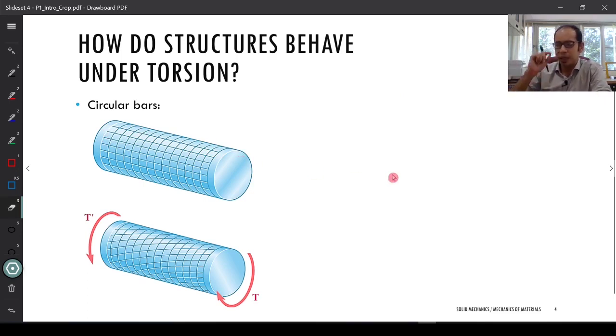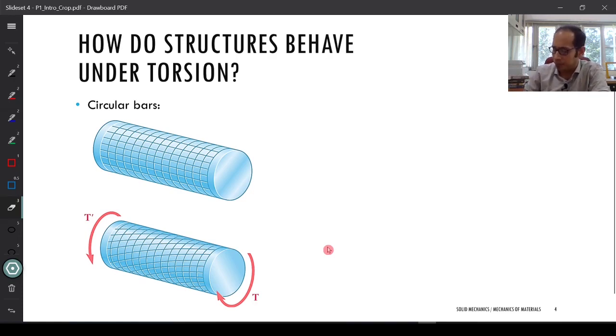When you apply the torque, and suppose this had these horizontal grids and the circumferential grids all around, you will see a set of two points all move about that same circumference they were a part of before you had applied the torque.